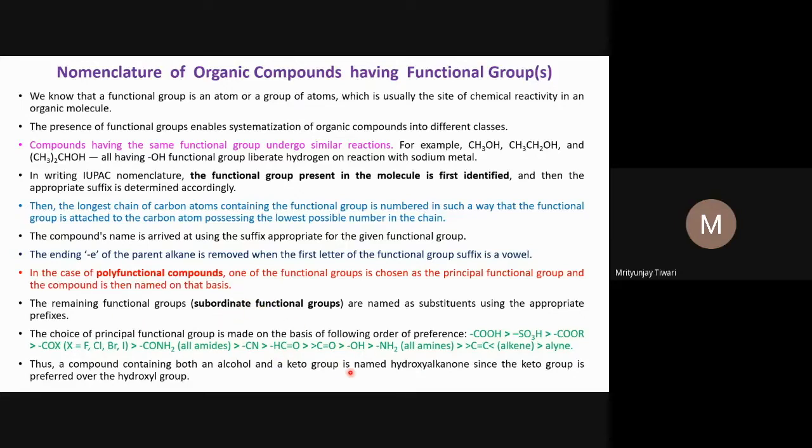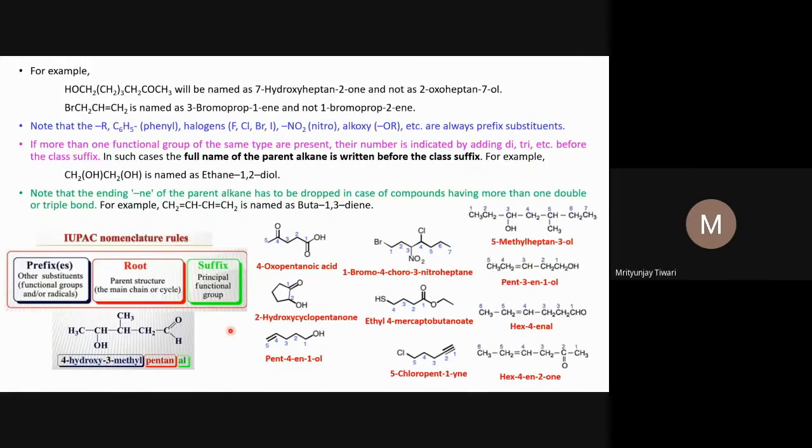And then what else we have seen is that some of the functional groups, like phenyl or halogens, NO2 nitro, and alkoxy that we see in the case of ethers, are always considered as prefix substituents. Like whatever you do for the alkyl groups in writing the IUPAC name, we consider them always as prefix substituents.